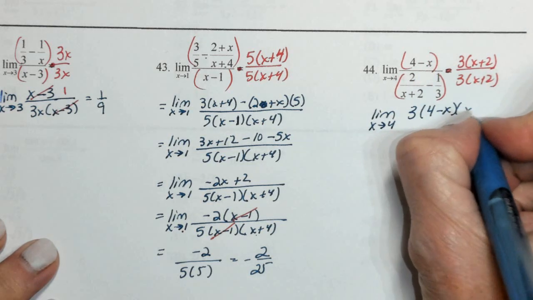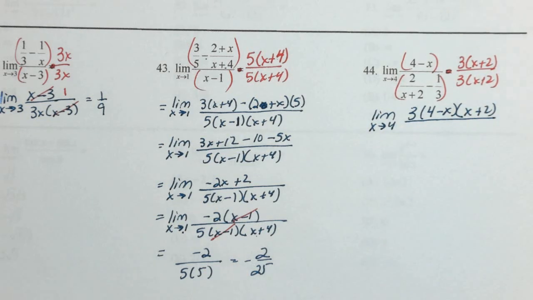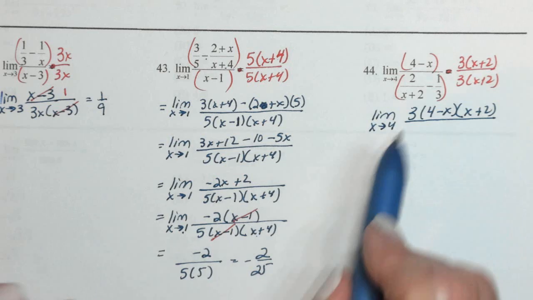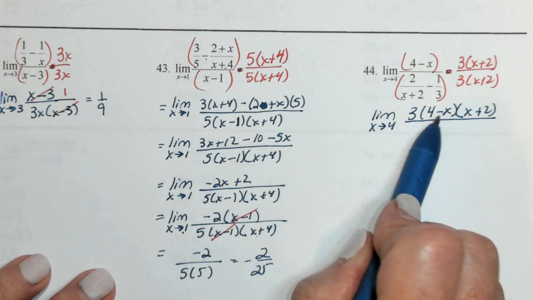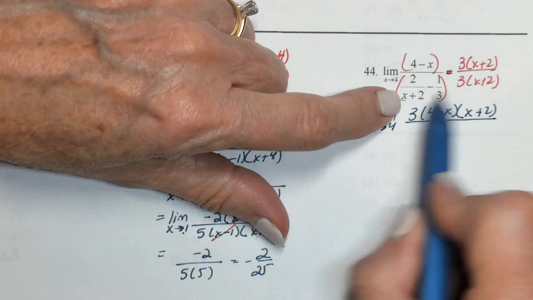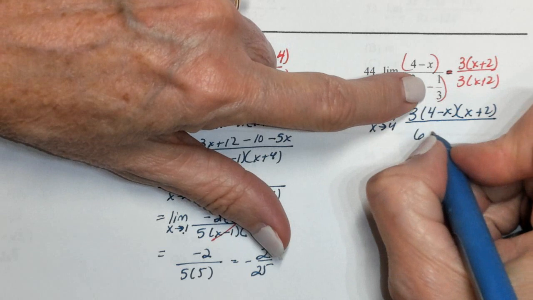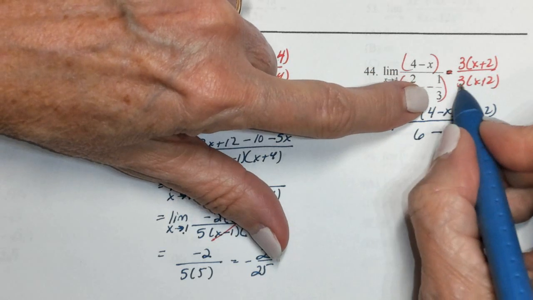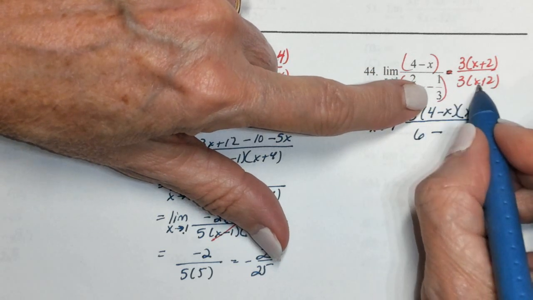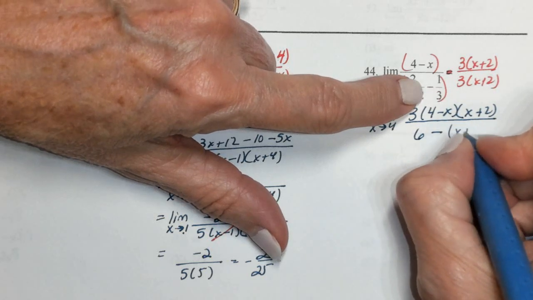So don't distribute. You're trying to reduce one of those terms. In fact, you're trying to reduce that term right there. Okay. x plus 2 reduces with x plus 2, leaving 2 times 3, which is 6, minus 3's reduce out, leaving 1 times the x plus 2. Be careful because we have a minus there.